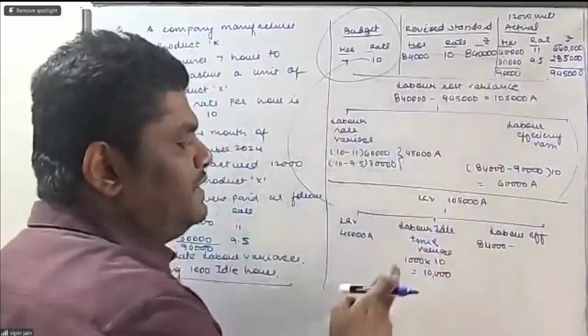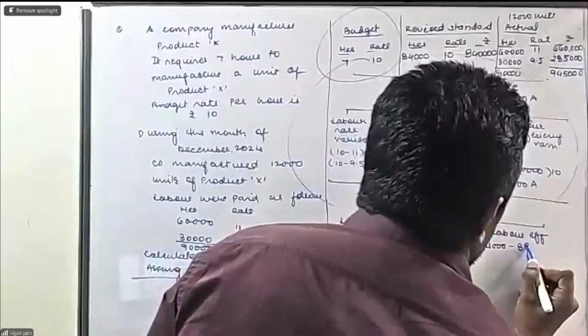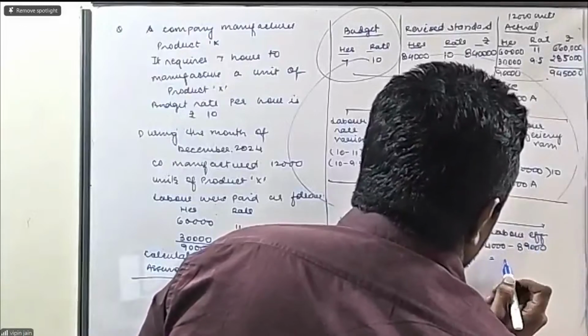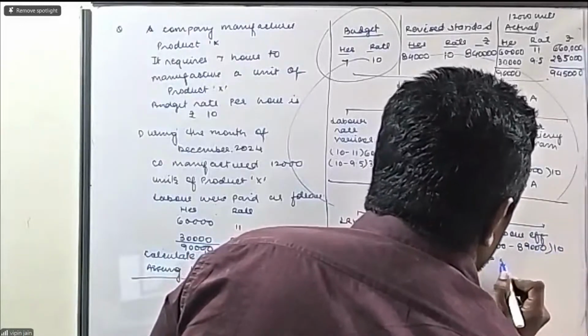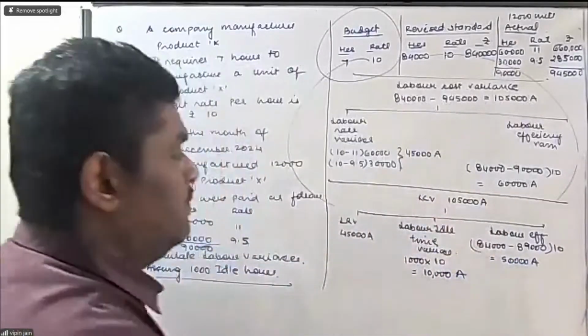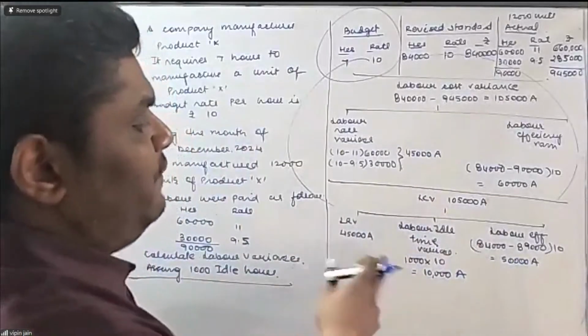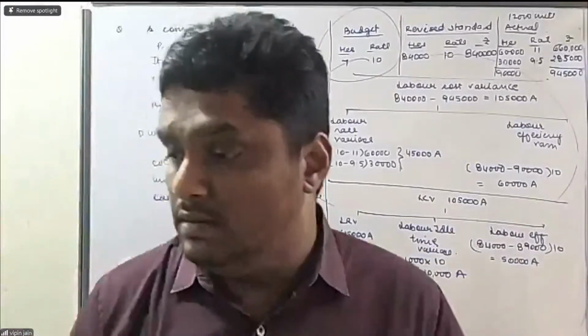Out of 90, 1,000 is already idle time. So it is only 89,000. That's it. Into 10. So this will be 50,000 adverse. So 45 plus 10 plus 50. This will be 1,05,000 adverse.